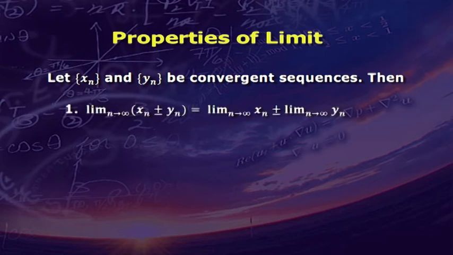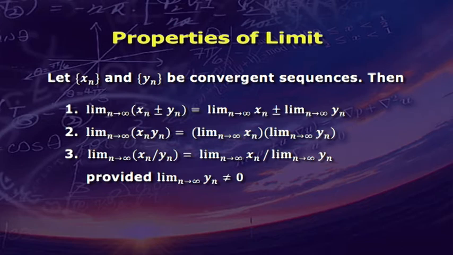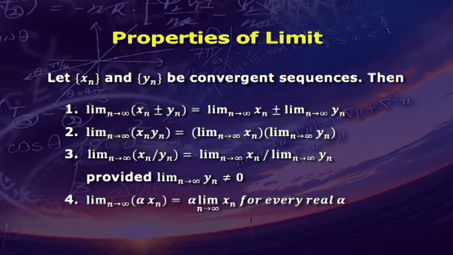Then, number 1, limit of x_n plus or minus y_n as n tends to infinity is equal to limit of x_n plus or minus limit of y_n. 2, limit of x_n times y_n as n tends to infinity is the same as limit of x_n multiplied by limit of y_n. 3, limit of x_n over y_n as n tends to infinity is the same as limit of x_n divided by limit of y_n, provided limit of y_n is not 0. 4, limit of alpha times x_n as n tends to infinity is the same as alpha multiplied by the limit of x_n, for every real alpha.